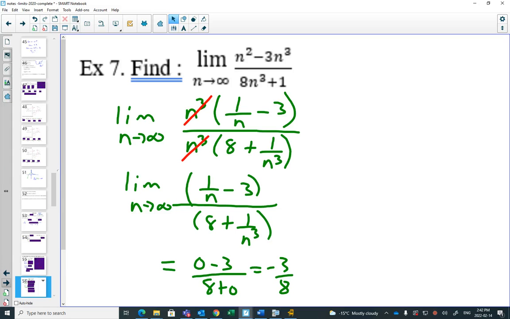So again, if you see that the degrees are the same on the top and the bottom, then it's easy to see what the answer is.